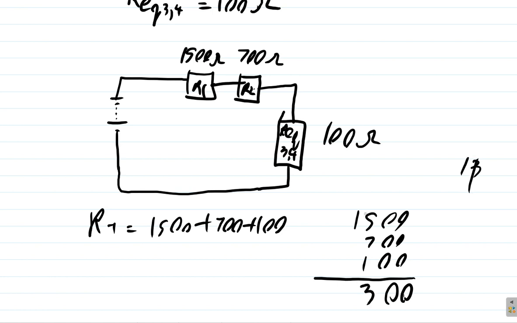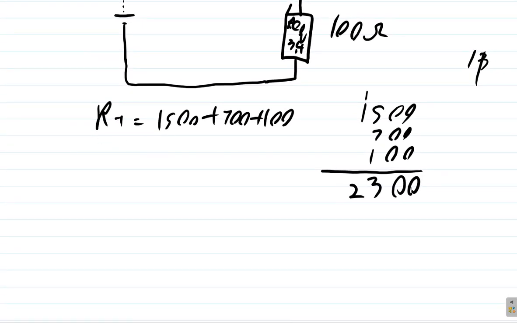Now the 3, carry 1. So we have 2300 ohms as the total resistance. Therefore, RT is equal to 2300 ohms.